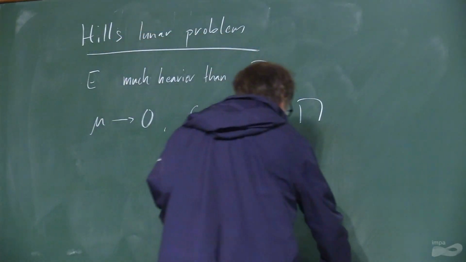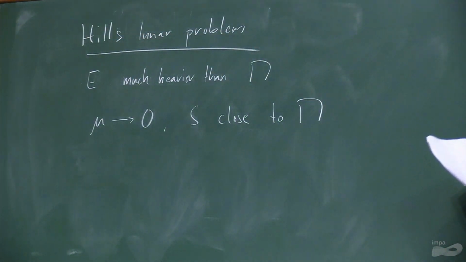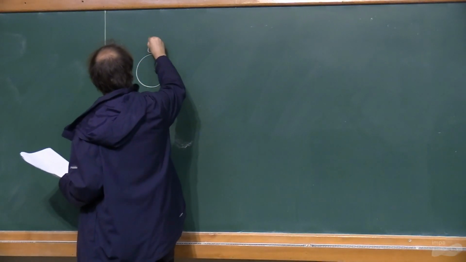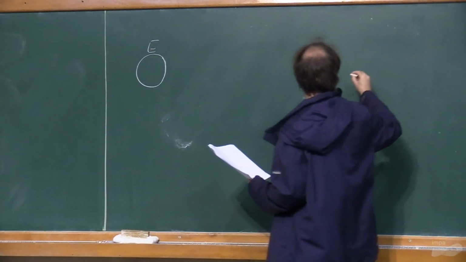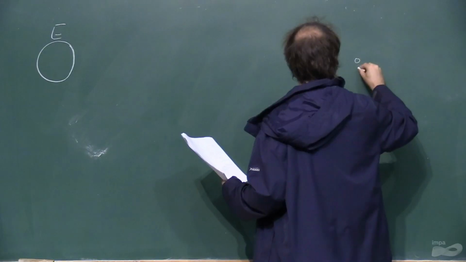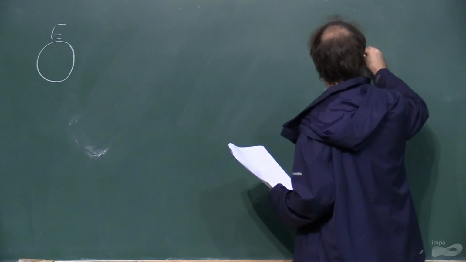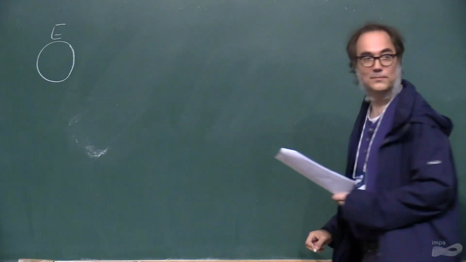So we have this picture. We have a heavy Earth here. We have a rather tiny Moon, and we have a very tiny stone.